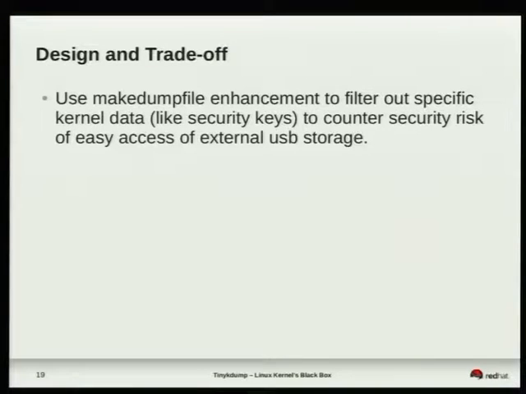But fortunately, there's already a feature in Makedumpfile that lets you use a configuration file to specify certain kernel structures you want to filter out, which can help reduce some of the risk of easy access to the USB device.